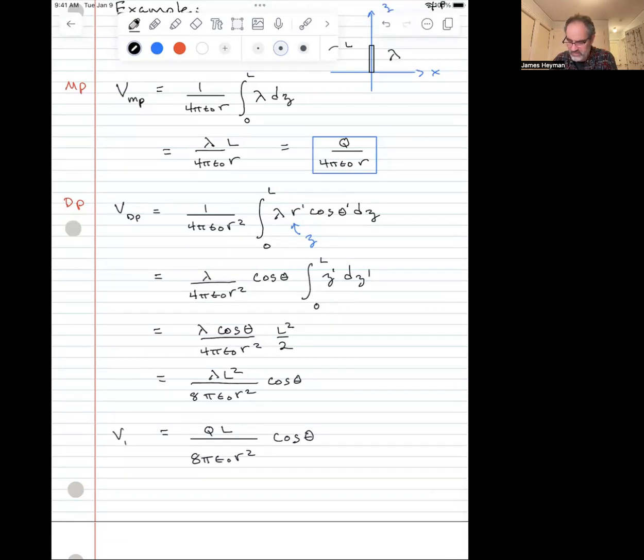And so that's the dipole term of the potential. All right? Draw a box around that. We could continue and evaluate the quadrupole term in the potential and the octupole term and on, but I think we'll stop here. All right? So, very good.